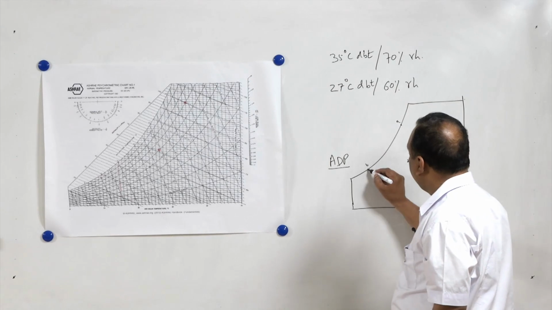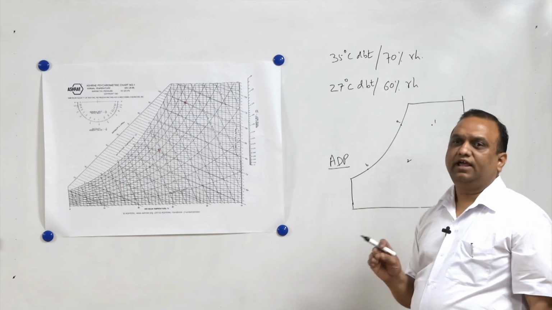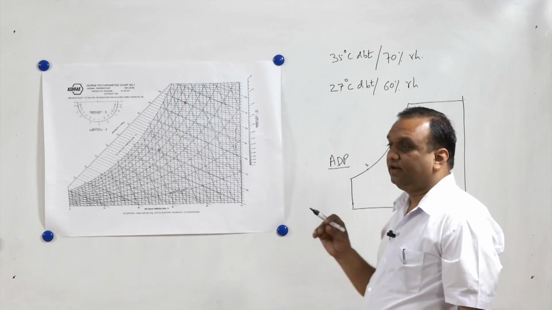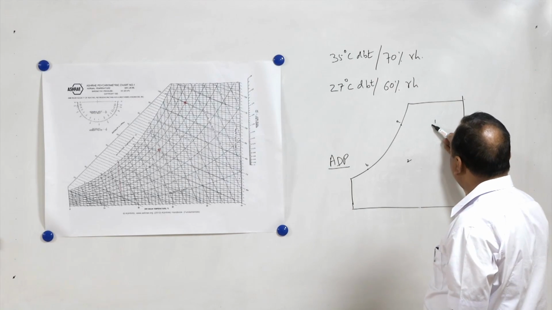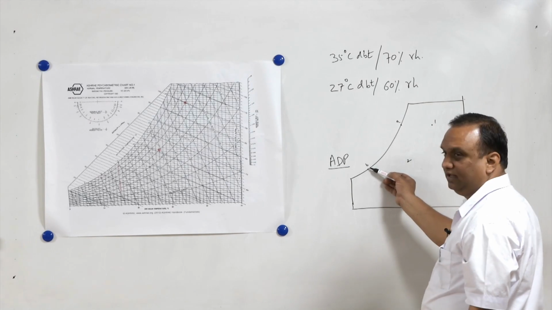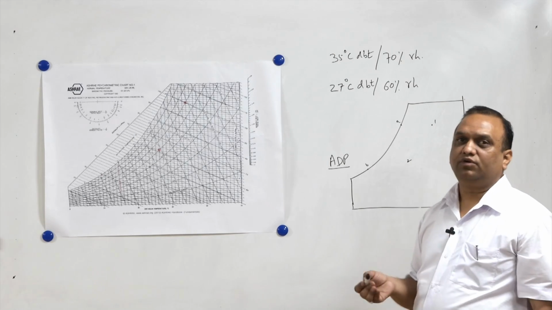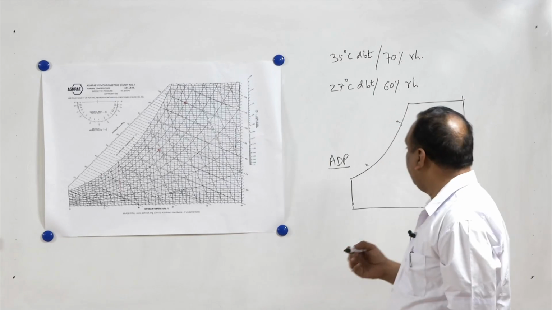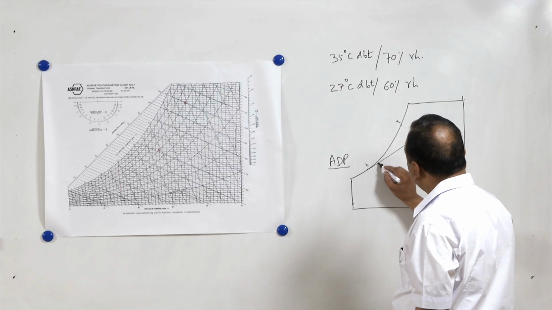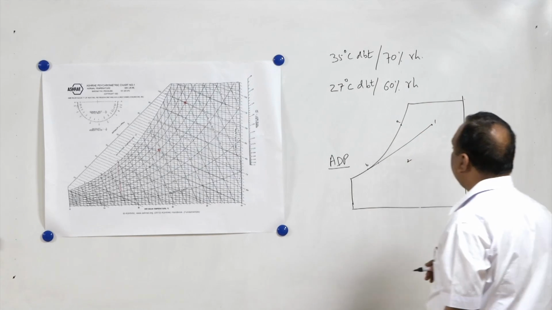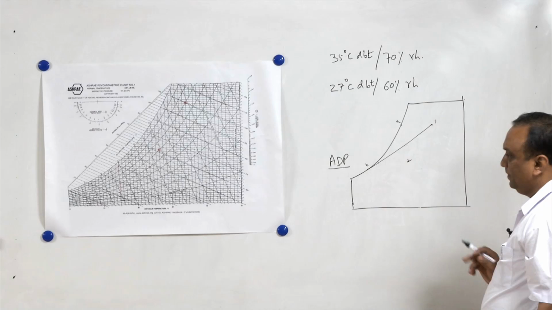That is why when we reach state B, the air is 100% saturated, provided there is no bypass of air. If some bypass of air is there, the air will be directly mixed with the saturated air, and it will no longer remain saturated. That is why when we join these two lines, if bypass factor is there, you will see that the air is not saturated.